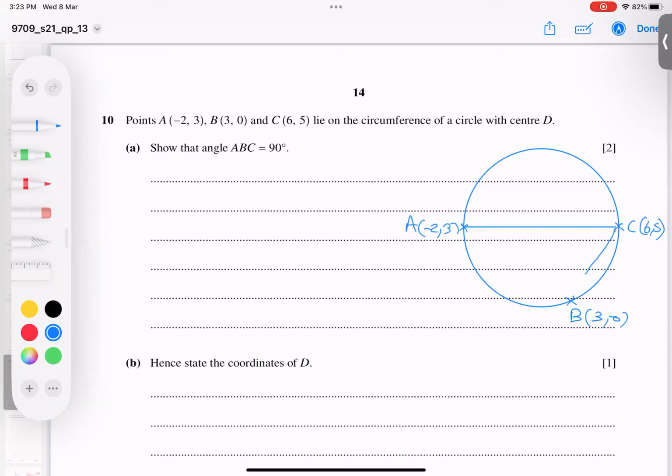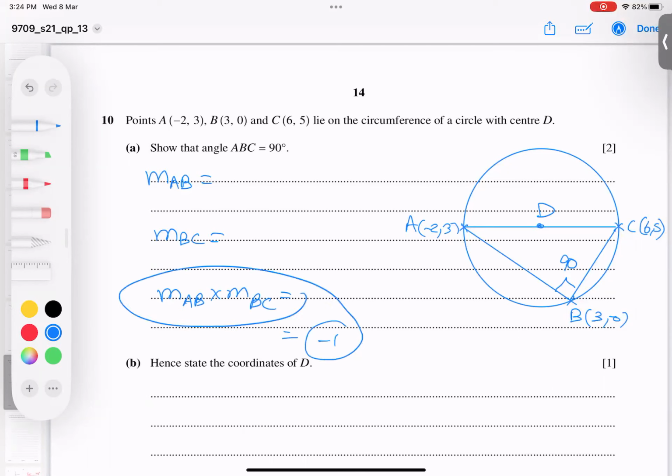Now I'm joining B with C and A with B, and this angle for sure is 90 degrees. For your knowledge, this is center D. Now how can I convince the examiner that it's 90 degrees? I will find the gradient of AB, then the gradient of BC, and multiply both gradients. If the answer becomes -1, I can say that this is 90 degrees and they are perpendicular.